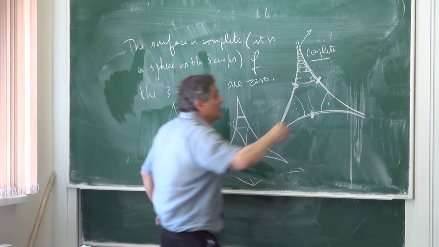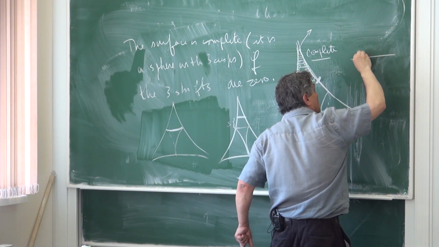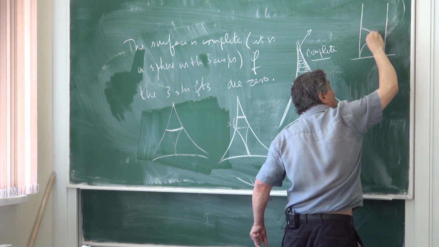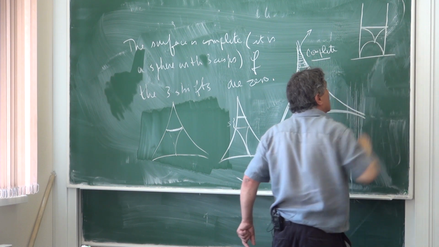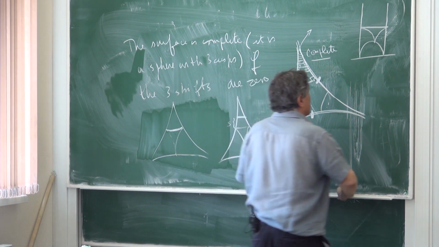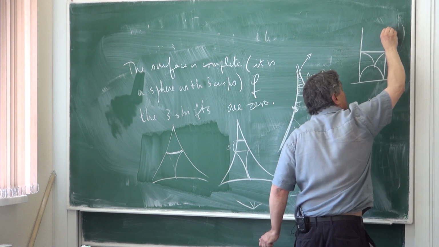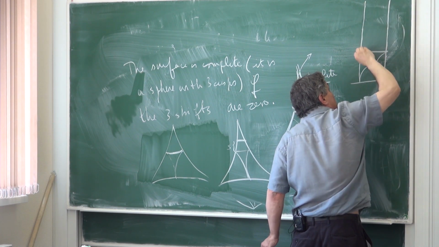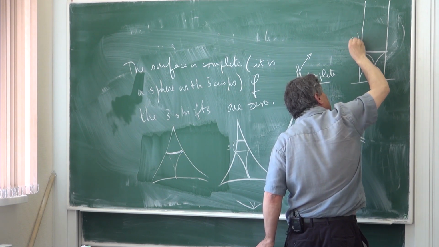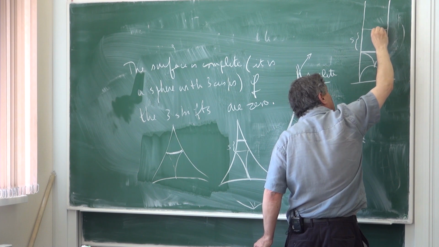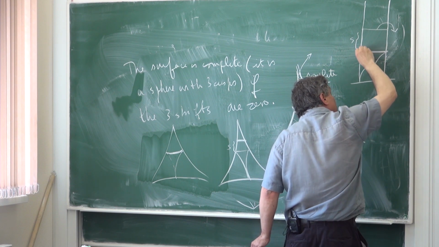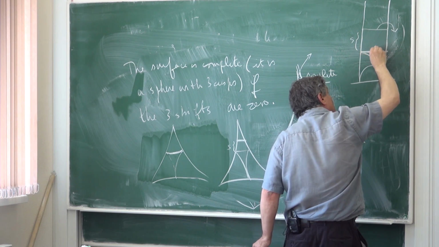If you draw an ideal triangle in the hyperbolic plane, upper half space model, this is a piece of horocycle, with length equal to 1.